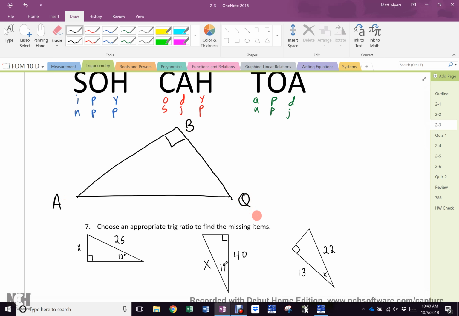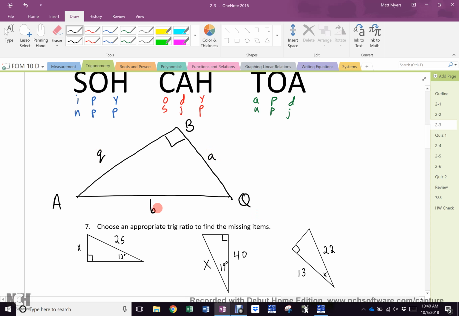What do we label the sides with? Lowercase. So where is little a? Right, left, or bottom? Right. Little a. Where is little q? Left. And where is little b? Bottom.